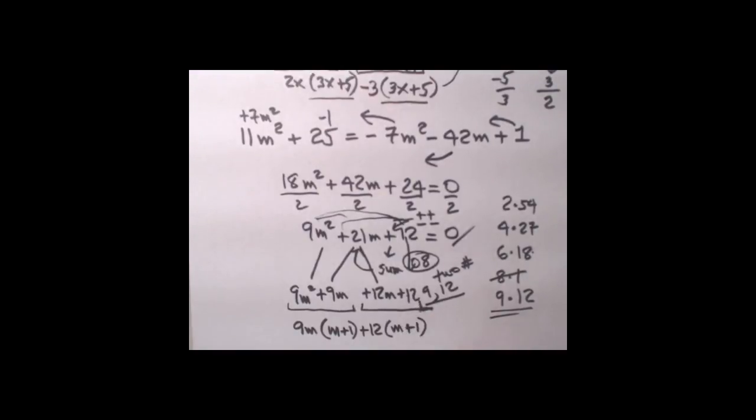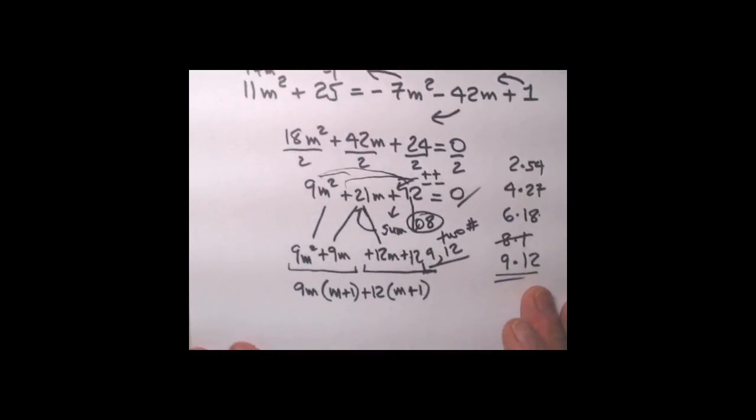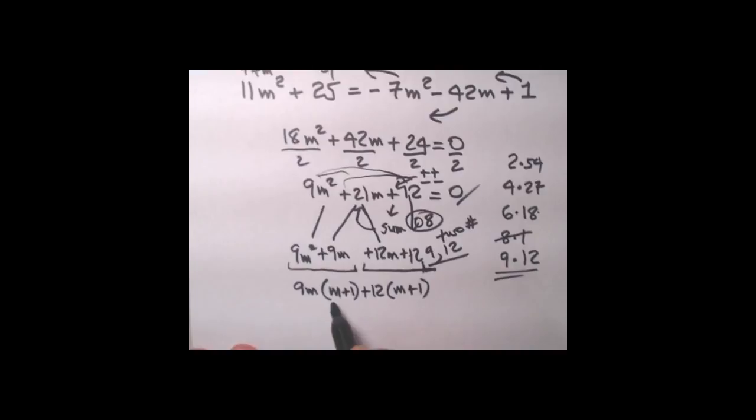Now let's double check this. Plus 12 times m is plus 12m. Plus 12 times plus 1 is plus 12. Okay, well, we now can factor it completely. We've got the common m plus 1. Here it goes. What are the leftovers? Well, 9m plus 12.